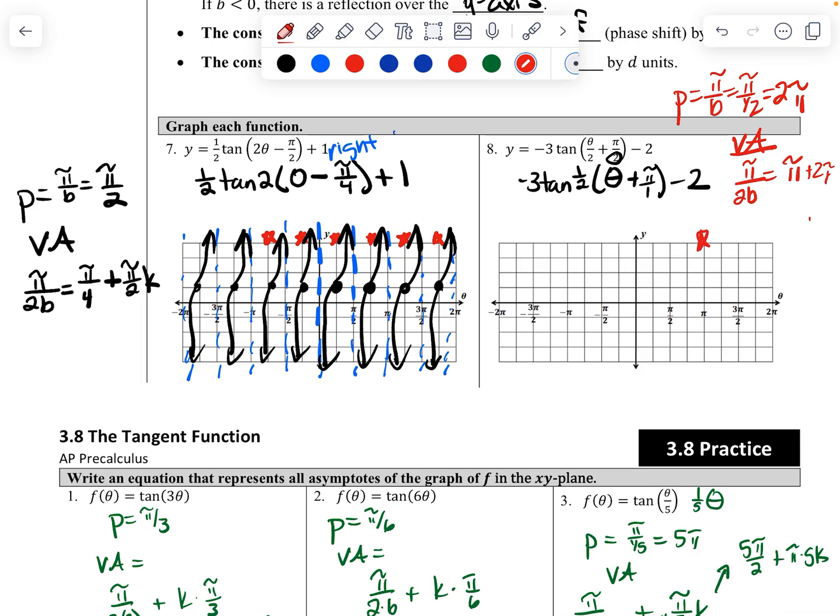So it starts at pi, and then it's every 2 pi. But this moved to the left pi, so this one would shift here, which means another one every 2 pi would be right here. And the vertical shift is at -2. But you'll notice this negative, so instead of a swoop going up, it's a swoop going down.